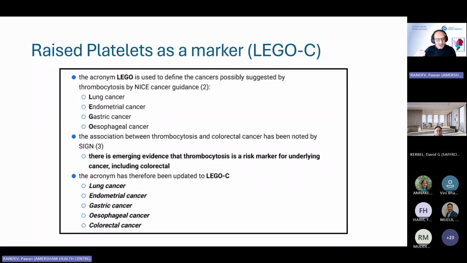It's not a 100% marker, but I'll show you in a minute where this works. And this works even more powerfully if, once you've excluded other reasons for raised platelets, somebody continues to have raised platelets, typically a month to 6 weeks apart, then their risks of underlying cancer actually are significantly raised.